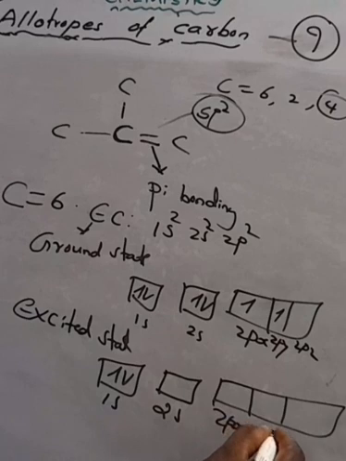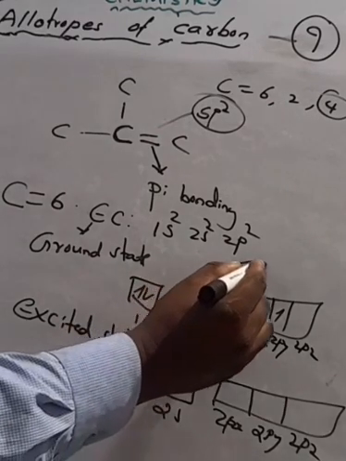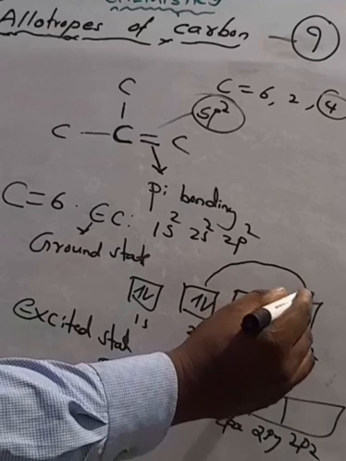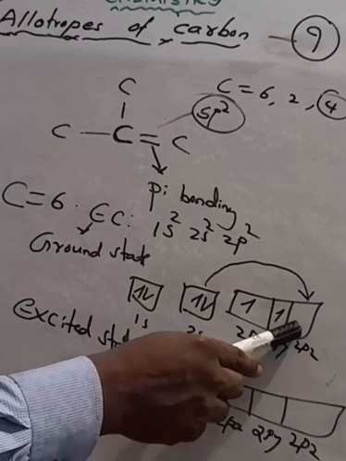So from the ground state, listen all of you, from the 2s, one of the electrons goes to where? To the 2pz subshell. It jumps from 2s to 2p, because there is a vacancy, so one of the electrons goes there.